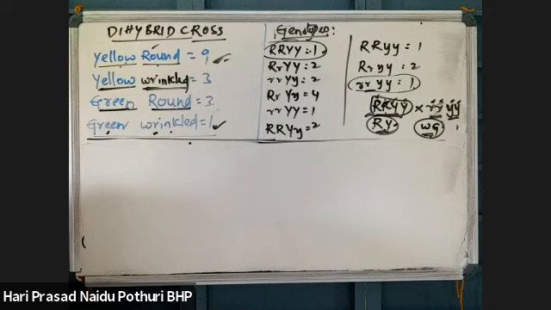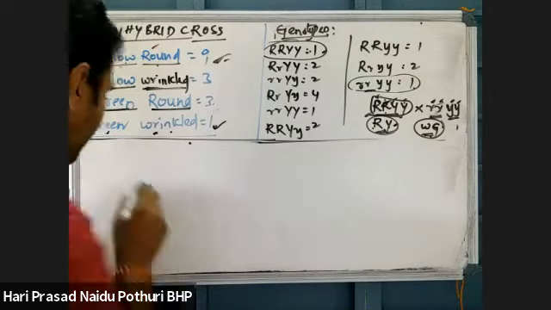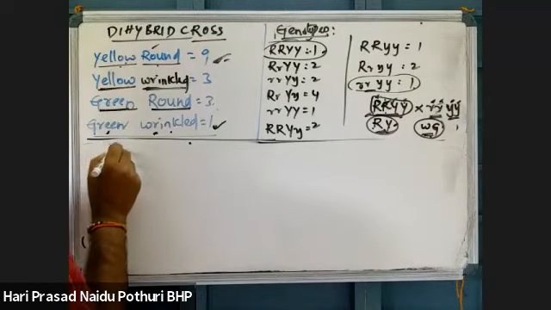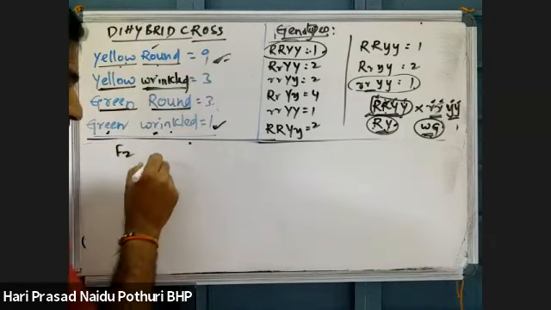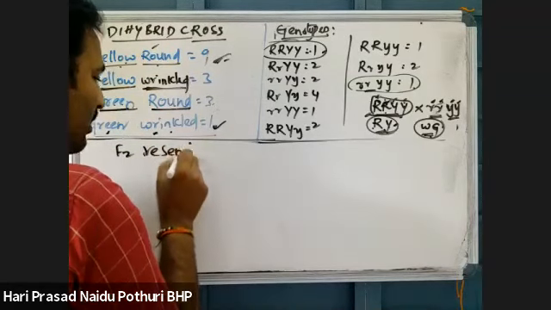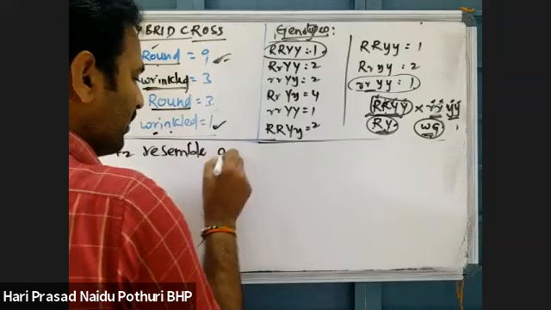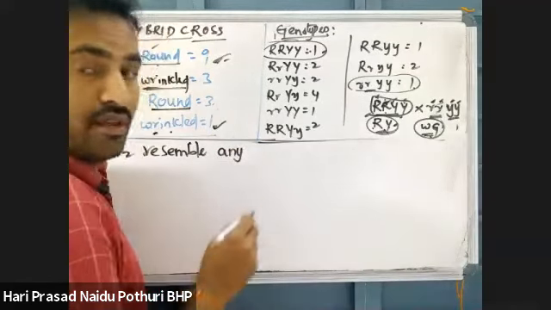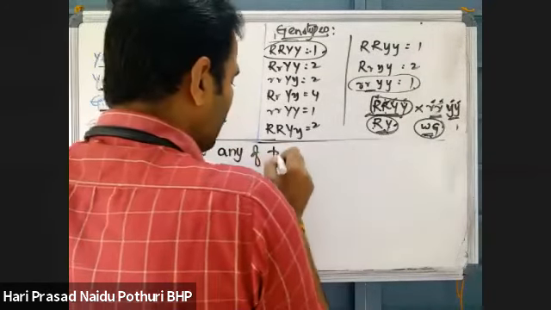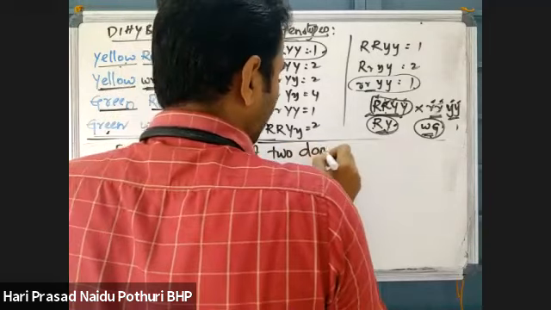No, not 1 by 16. I asked, what is the ratio of F2 that resemble any of two dominant characters?